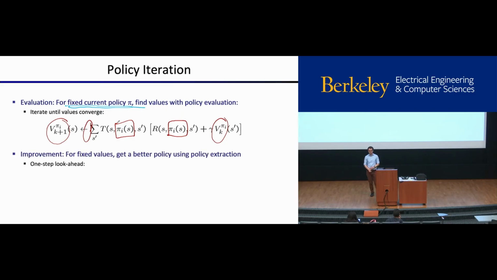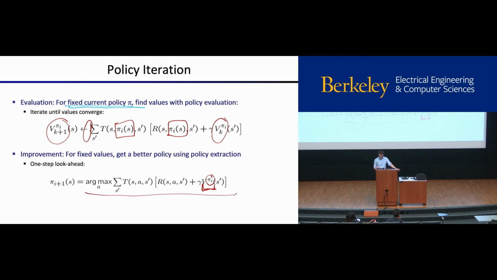Okay? Then once we have that, we have to do one step of look ahead to see what's the best we could do if that was the value function. So we have to say, all right, we have some initial policy pi i, we have its value function, and we want to run through this argmax. This is essentially the policy extraction step we saw before, but here, this was v star before, and now we've replaced that with v pi of whatever our pi i policy was.